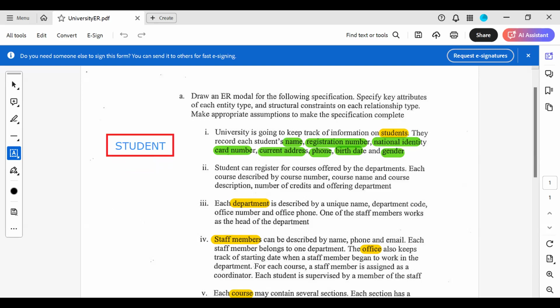And then we can have all these attributes. For example, let me put one just to explain, name, and then you can draw a line which connects like this in the diagram. You can complete it.